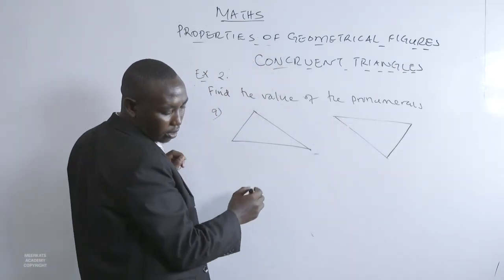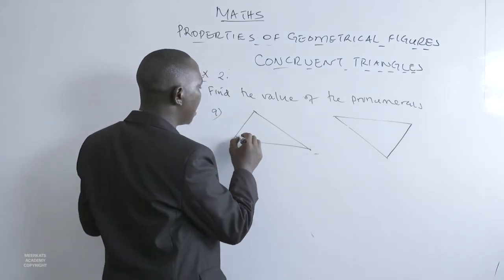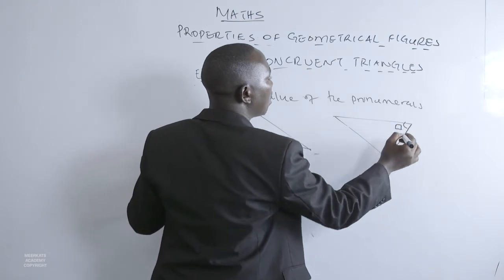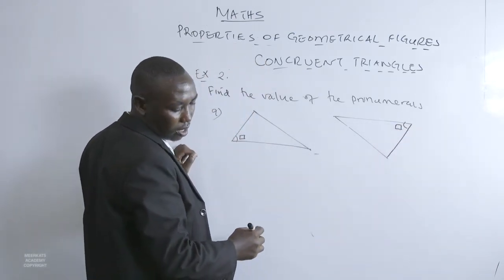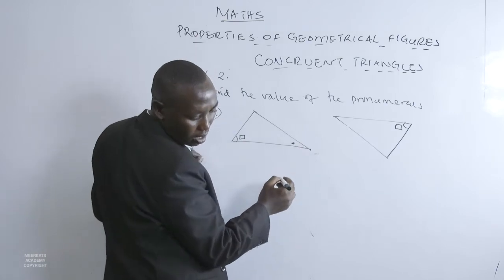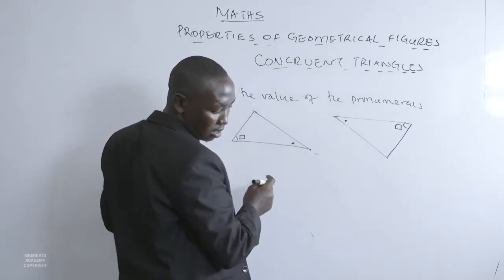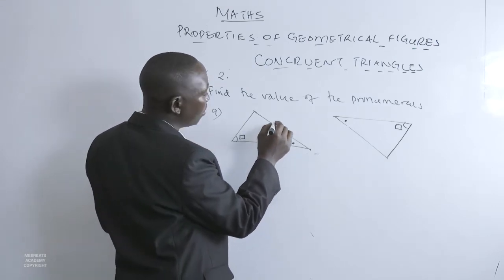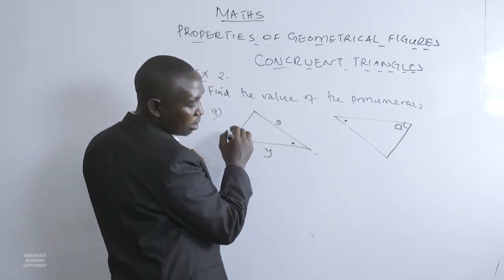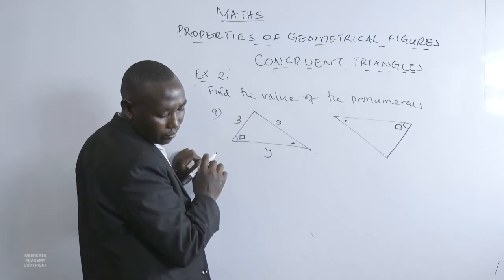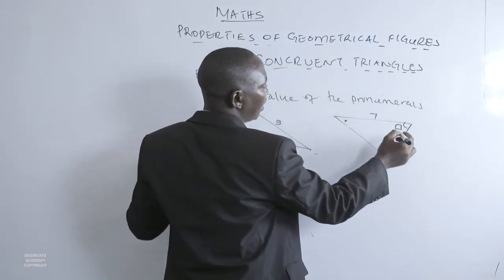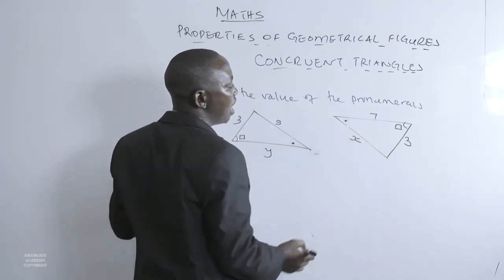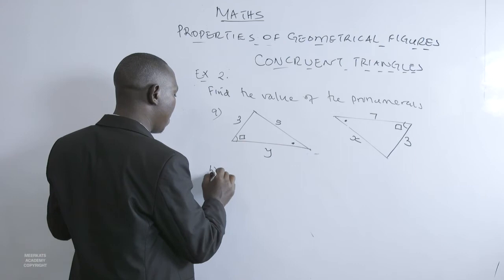So for the two triangles, we are told that this angle and this angle are similar or equal. Then this angle and this angle are similar. Then we have y, we have 5, and we have 3. Here we have 7. There we have got 3, and this one we have got x.